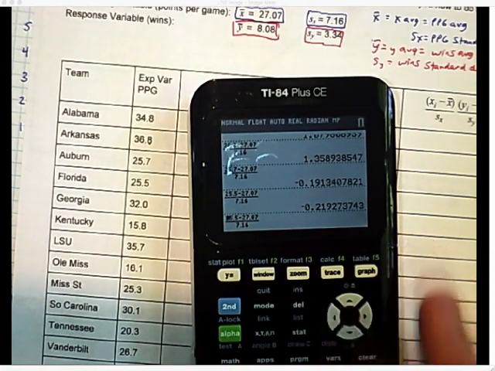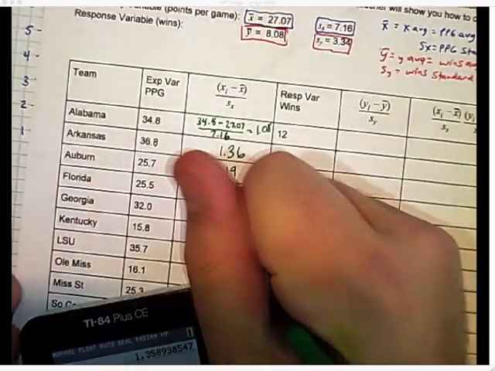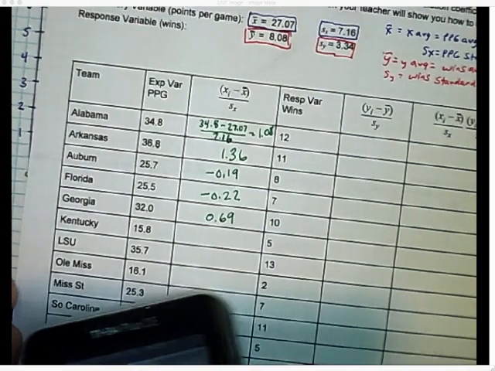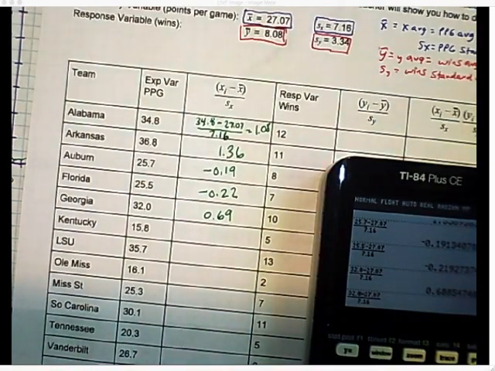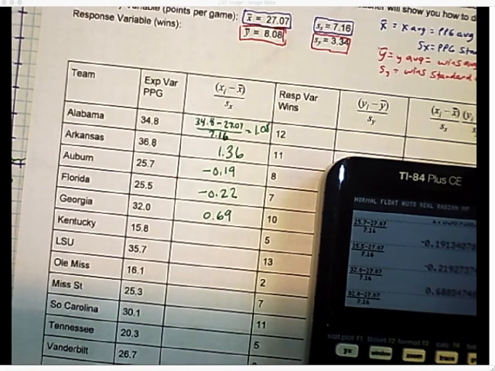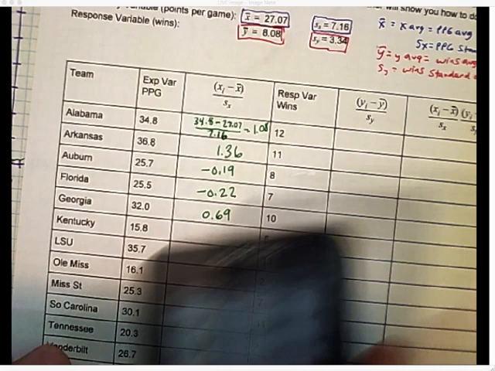Change that to 32.0. 0.69. Change that to 15.8, negative 1.57.